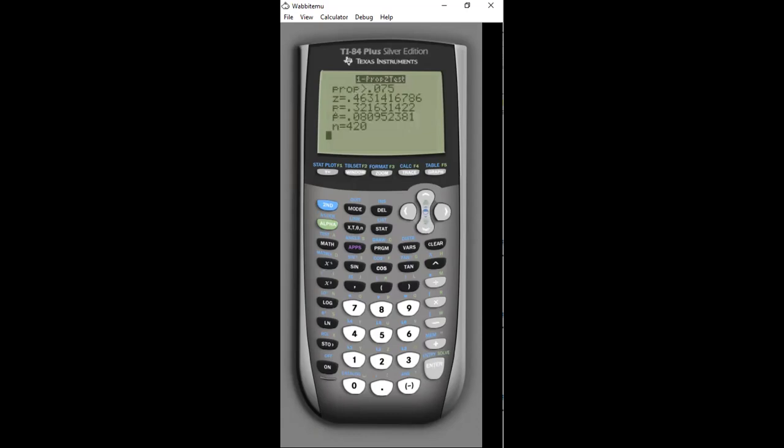My test statistic here is 0.463, right? And what is my p-value here? The p-value is 0.3216. All right, so let's go to our exam and see where we are.